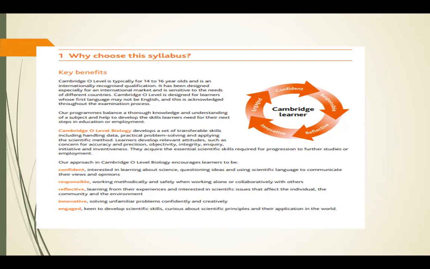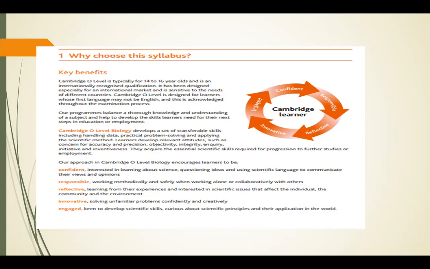Biology is one of the sciences which has a lot of information, and you have to learn how you are going to handle the data, how to improve your practical skills, and you also have to make yourself able to apply the scientific methods in a proper way, right?